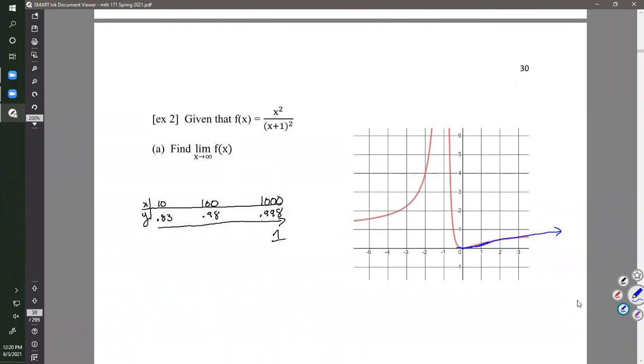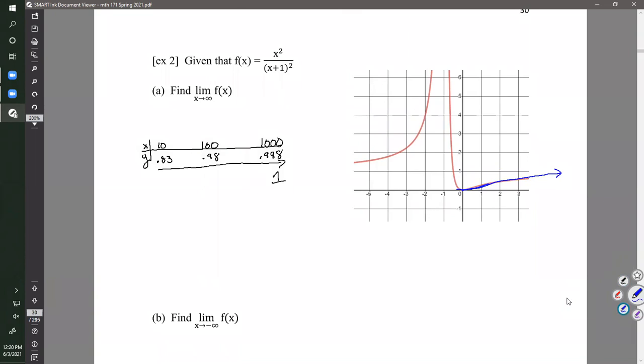So something that we can say is we have a horizontal asymptote at y equals 1. And so the limit as x goes to infinity of f of x equaling 1 is the same thing as saying that we have a horizontal asymptote.